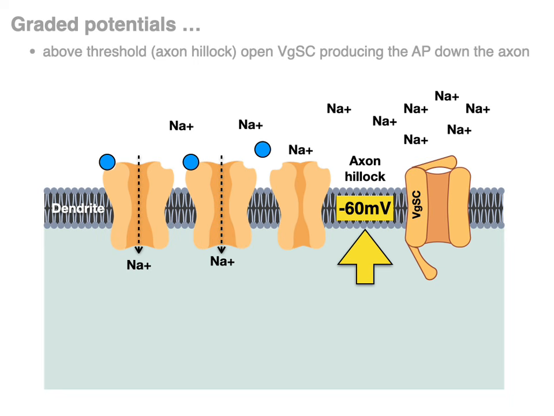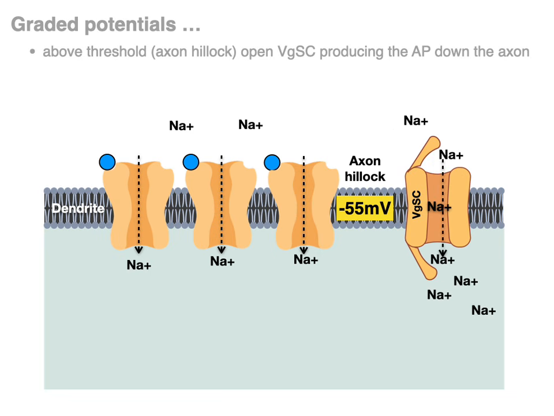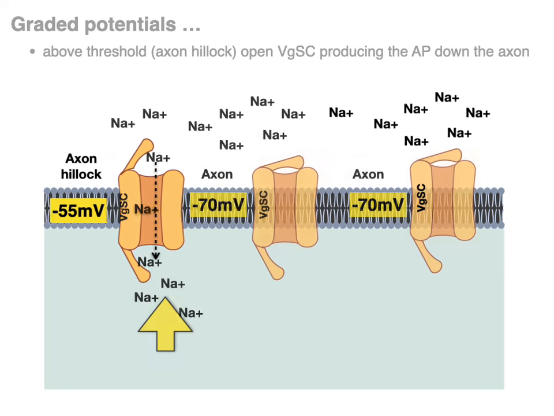And again, until you have, at the axon hillock, this summation at negative 55 millivolts, and then the voltage-gated sodium channel, it's voltage-gated because at negative 55 millivolts, this voltage-gated sodium channel opens, which allows an influx of sodium ions.